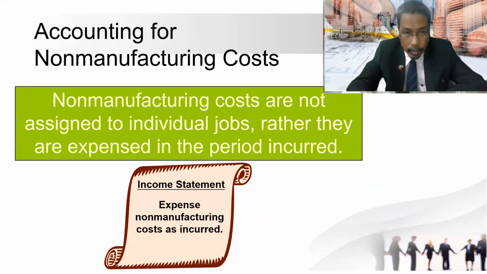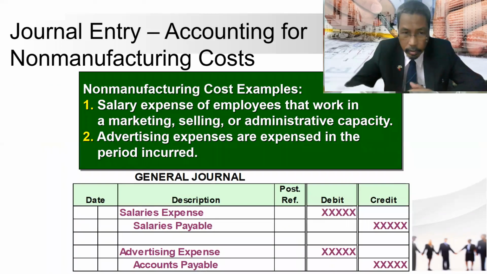So another example, accounting for non-manufacturing costs. Non-manufacturing costs are not assigned to individual jobs. Rather, they are expensed in the period incurred, so in the whole period, usually in terms of hours or days. So an income statement expense, non-manufacturing cost as incurred. So that would be reflected in the income statement as expenses. So how to do it? There are two examples here that we already looked into in the previous module.